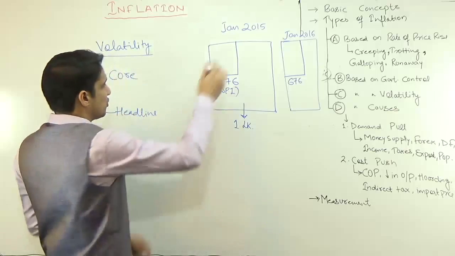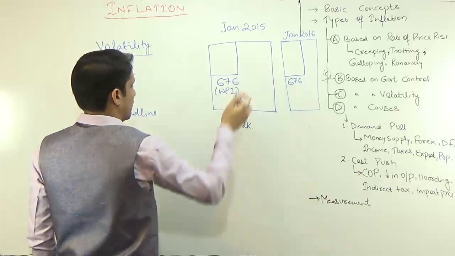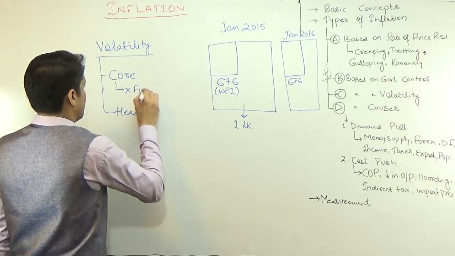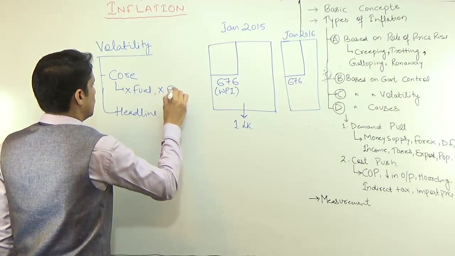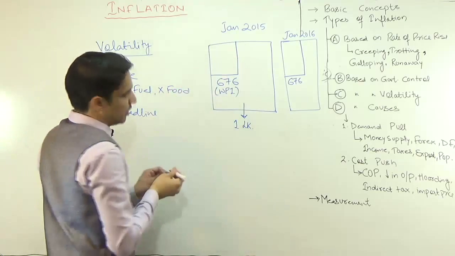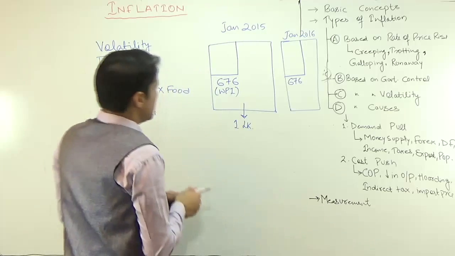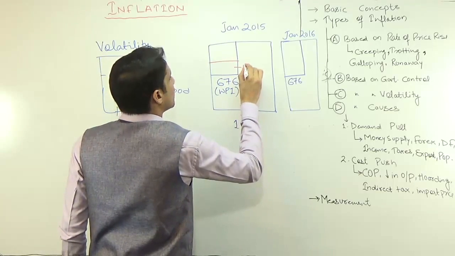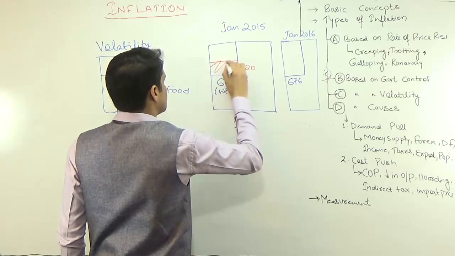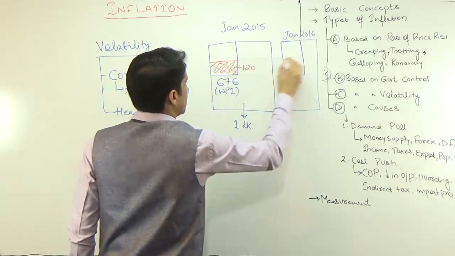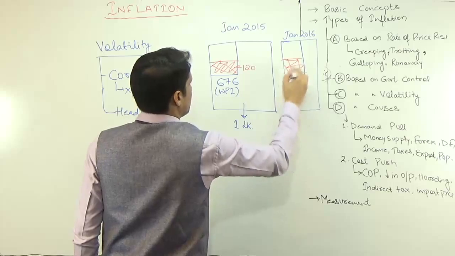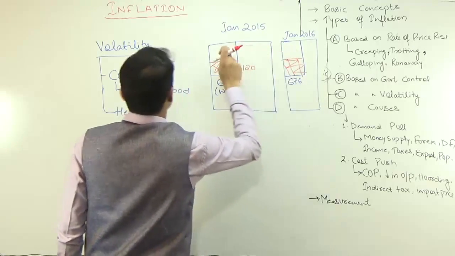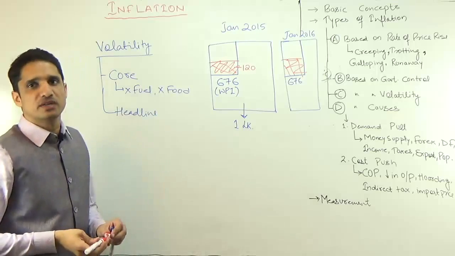If you remove these volatile items, means if you remove fuel and food from this group, out of the 676 items, maybe some 120 items are related to this. If you remove these items and then compare the prices and the difference, the inflation figure that you get is known as core inflation.